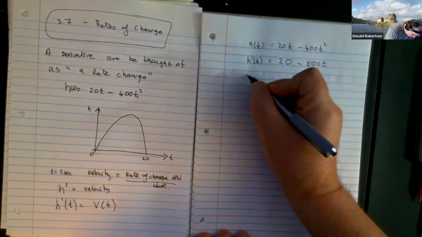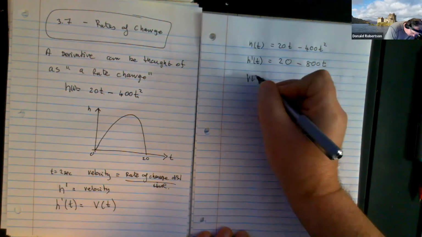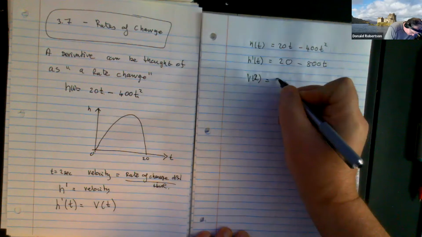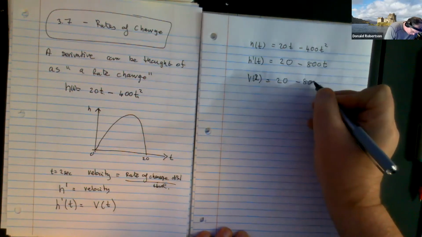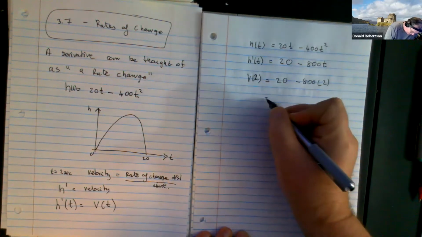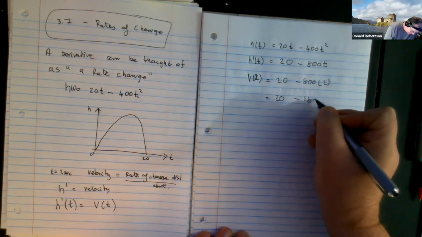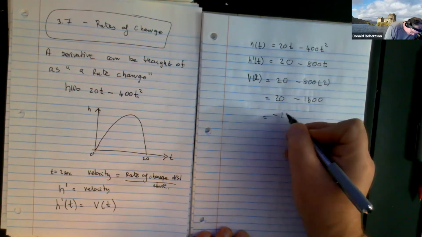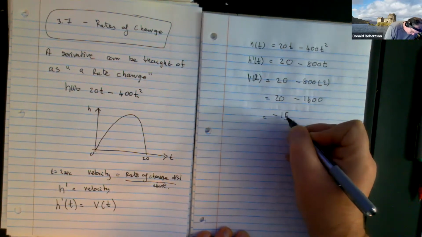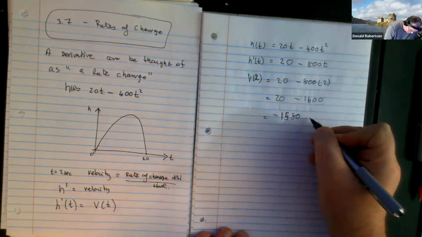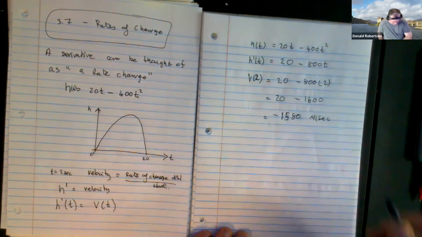So the velocity at time 2 is 20 take away 800 times 2. That's 20 take away 1600. And the answer I get is negative 1580. And let's pretend the units are meters per second or something.